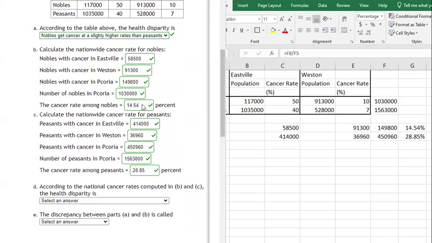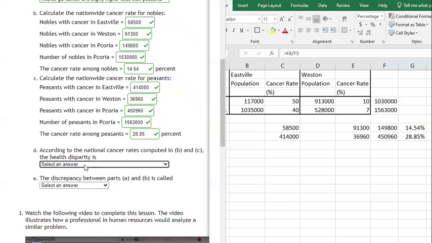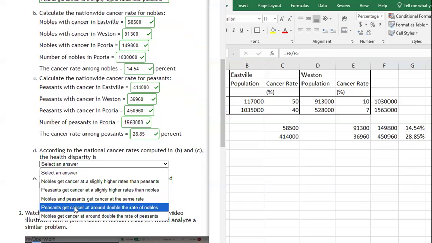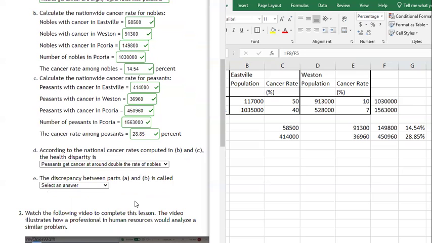But according to these aggregated values, we aggregate the nobles in the country, we aggregate the peasants in the country, and we see that the cancer rate amongst peasants is almost twice that of nobles. So peasants get cancer not at a slightly higher rate. Peasants get cancer at around double the rate of nobles.